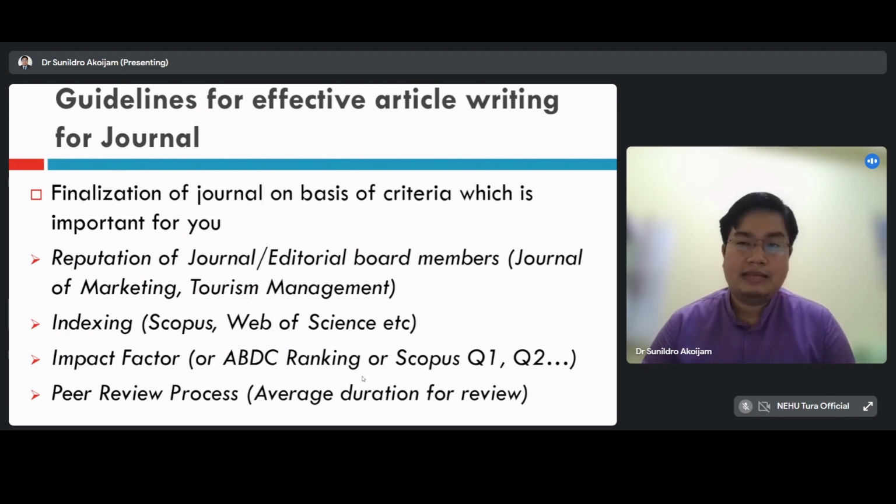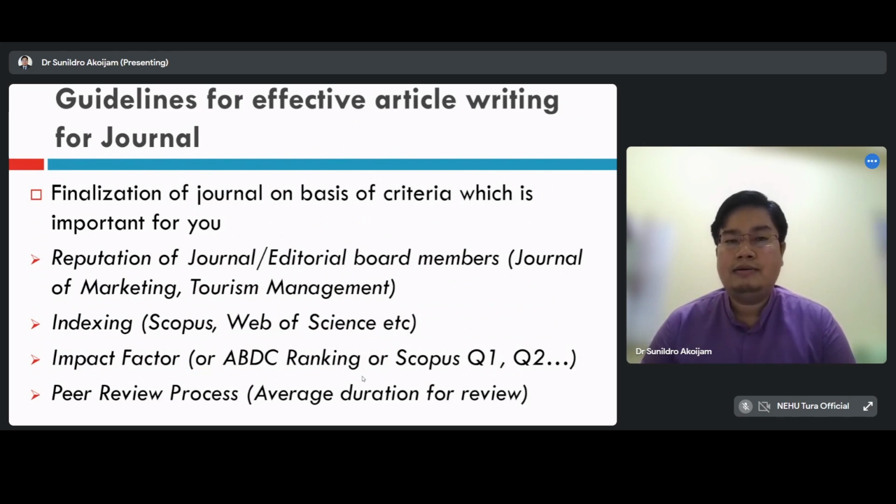Okay, but it all depends upon your requirement. It all depends upon what particular factors you consider as the priority. But these are some of the factors which you can consider for determining the quality of the journal in which you may like to submit. Okay, first is the reputation of the journal or the editorial board members, like Journal of Marketing, Tourism Management.